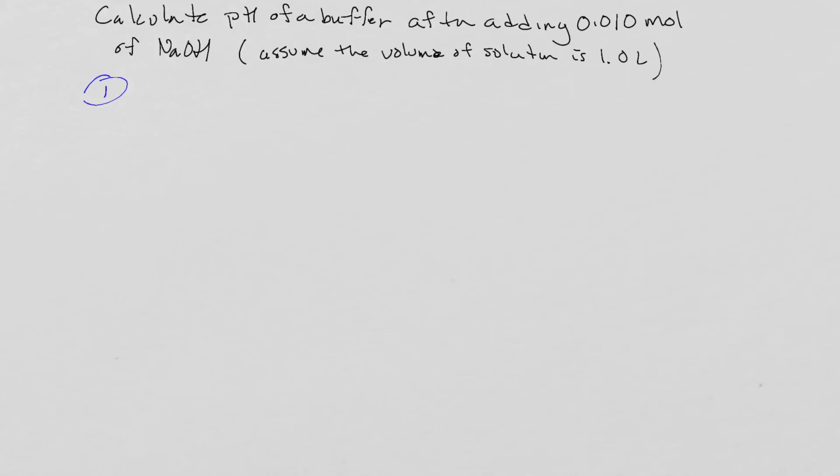So we have our reaction of hydroxide plus our acid. We're adding a base, so it's going to interact with the acidic part of our buffer, the weak acid, to generate water and the conjugate base.